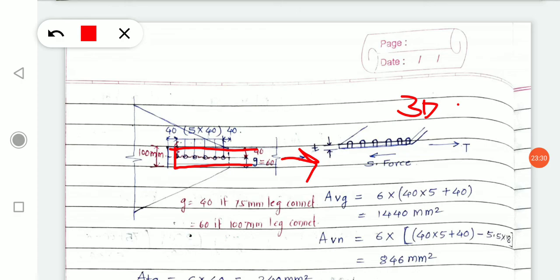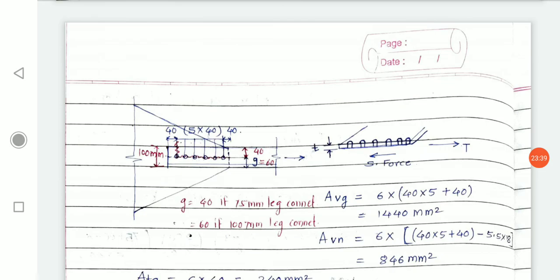If we apply tension over here, block shear may happen. I will show you a failure pattern of block shear. It will start tearing up our section like this along the bolts, along the holes of bolts. Along the holes which we made for connection, those holes start rupturing.